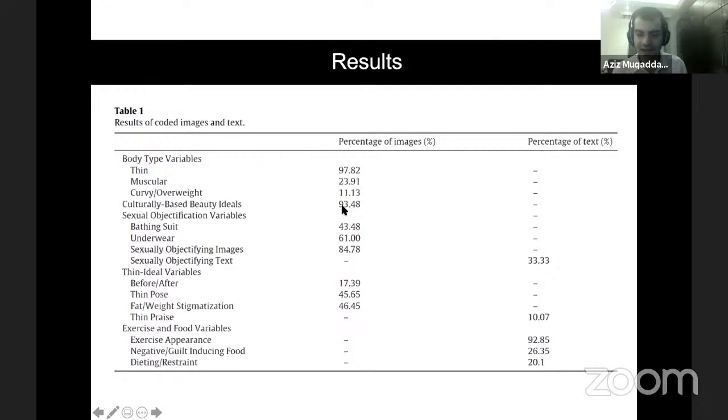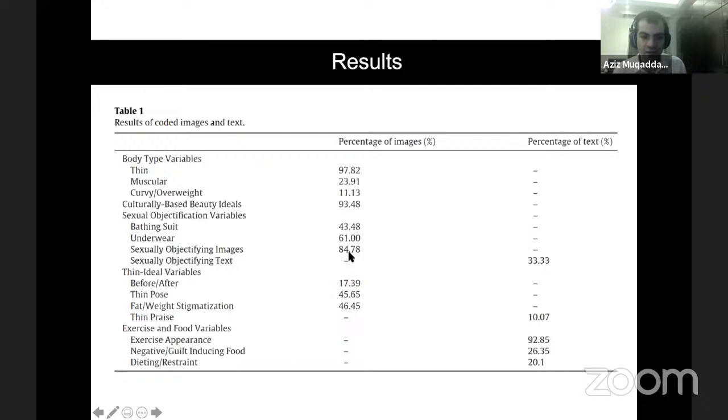So 93 and a half percent had that beauty ideal of blemish-free skin, straight white teeth, and all of that. For sexual objectification variables, 43% had images of women in bathing suits, 61% in underwear, and so the total would be about 84 or 85%, right? For sexually objectifying text, it was around 33%.